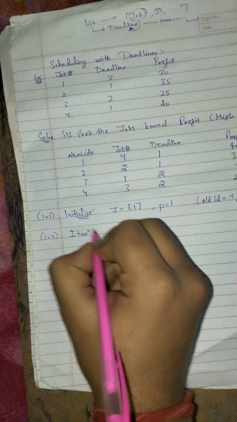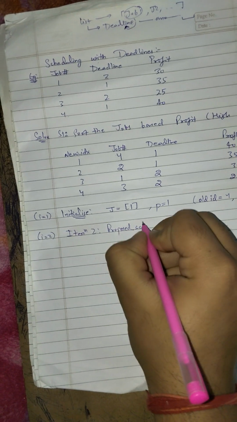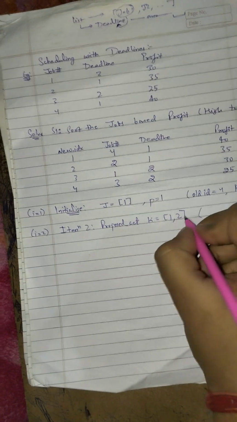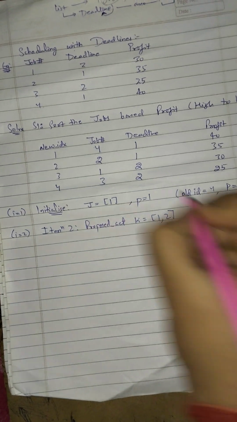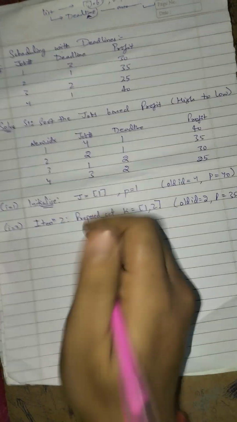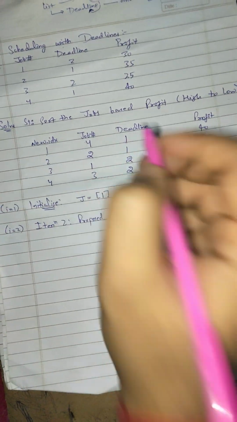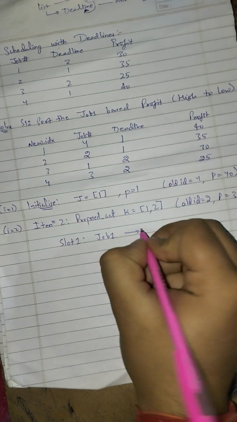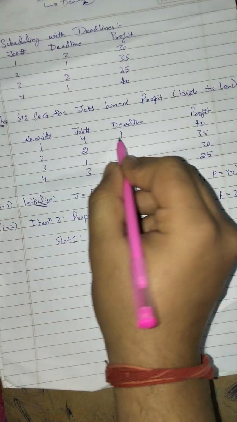This is iteration 2. So we have a proposed set k. In the previous one, we are taking 2, and this 2, the old ID was 2 and the profit associated is 35. Now in slot 1, job 1 has deadline 1.